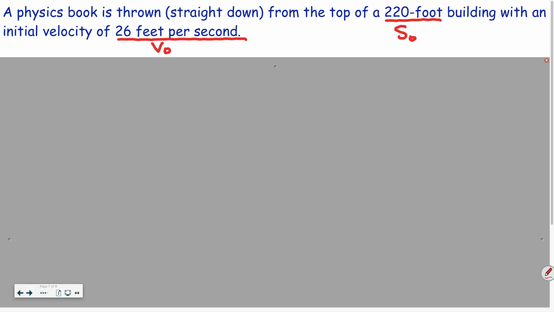If we are throwing something down, then our velocity has direction, and so our velocity would be negative because we are throwing something down. If we're throwing something up, that would create a different path for our physics book. So if we're throwing it up, positive velocity. If we're throwing it down, negative velocity.